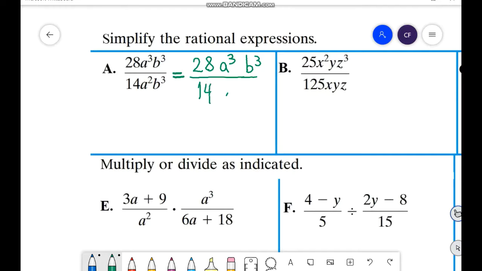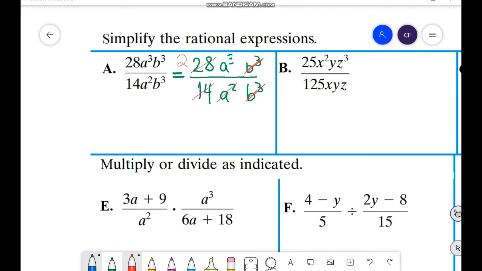So 14a squared b cubed. Now you simplify. Start with the coefficients, the numbers. We can divide 28 by 14, that is 2. We can simplify now each variable. The variable a, we can simplify this a squared by subtracting from this exponent here at the top, and we can just cancel out b cubed with b cubed.